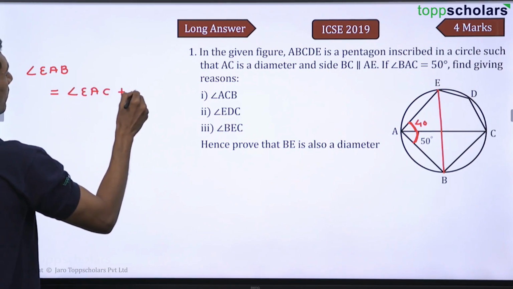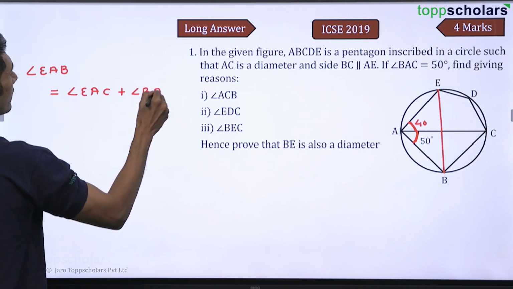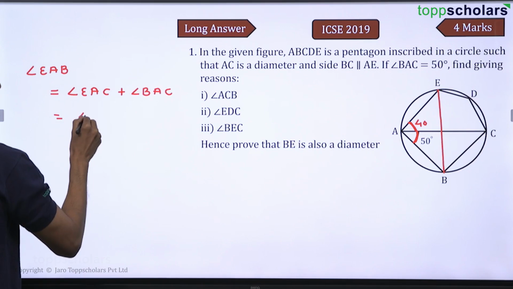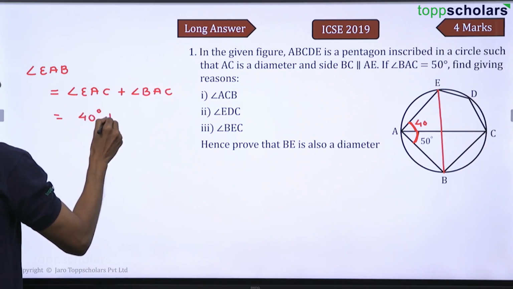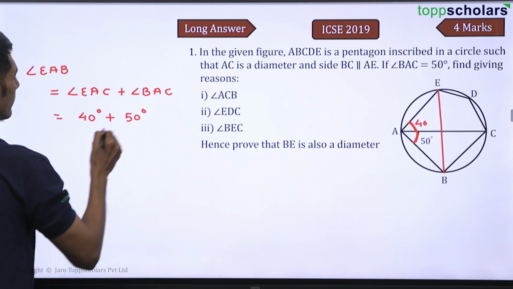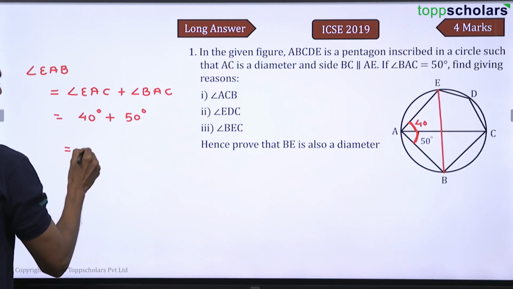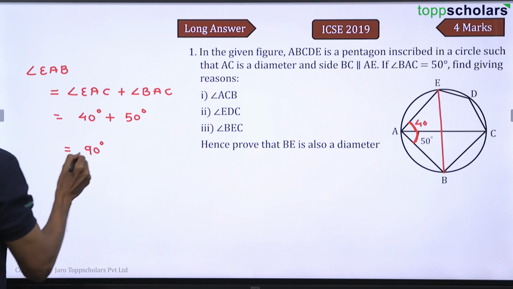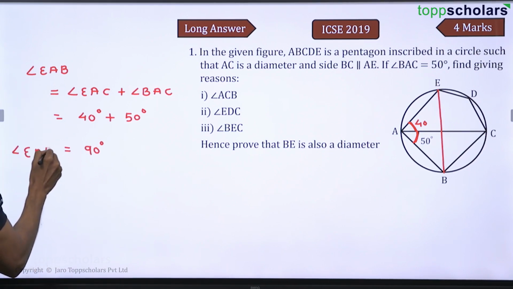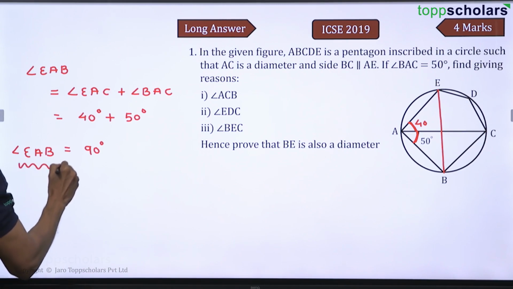But EAC is how much? EAC is 40 degrees. BAC is how much? BAC is 50 degrees. How much is 40 plus 50? 90 degrees. So can I say angle EAB is equal to 90 degrees?